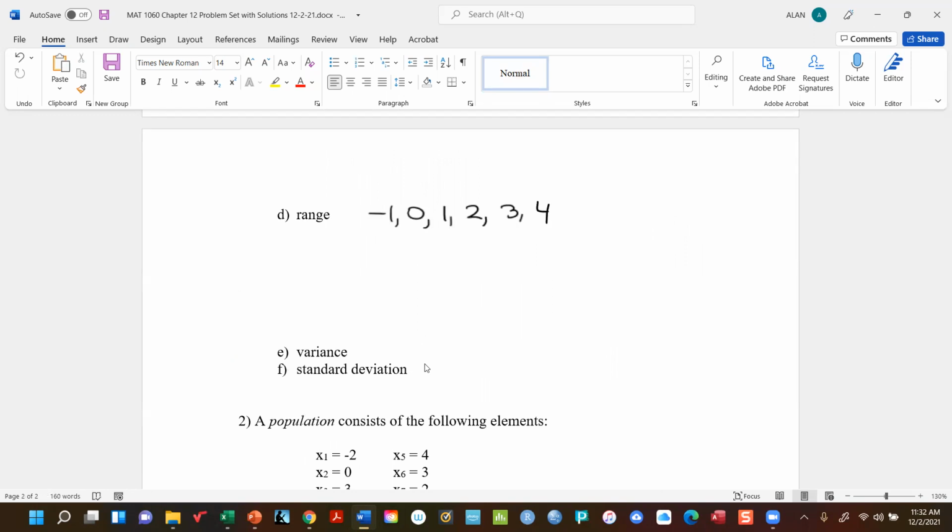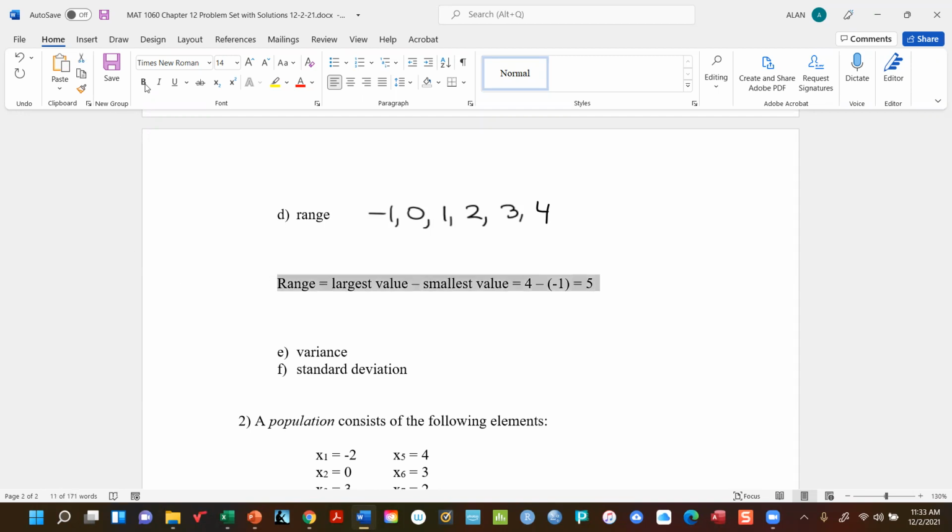So the range is simply the largest minus the smallest value. Which in this case is 4 minus -1, which is the same thing as 4 plus 1, or 5. So that's how you find a range. That's pretty straightforward.